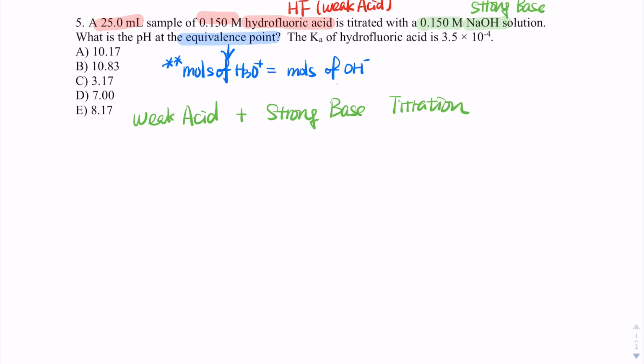And you already know that at the equivalence point, the moles of the hydronium ion equal the moles of the hydroxide ion. So you can use this information to figure out the volume first.